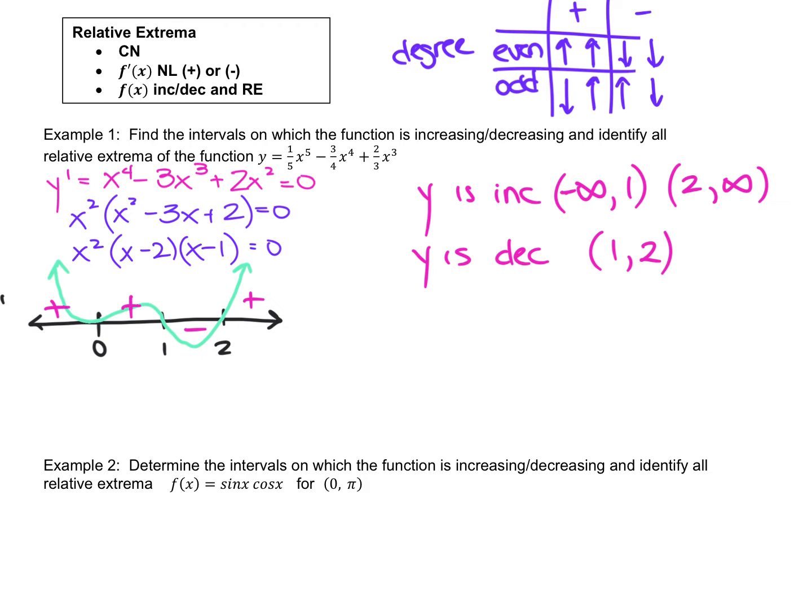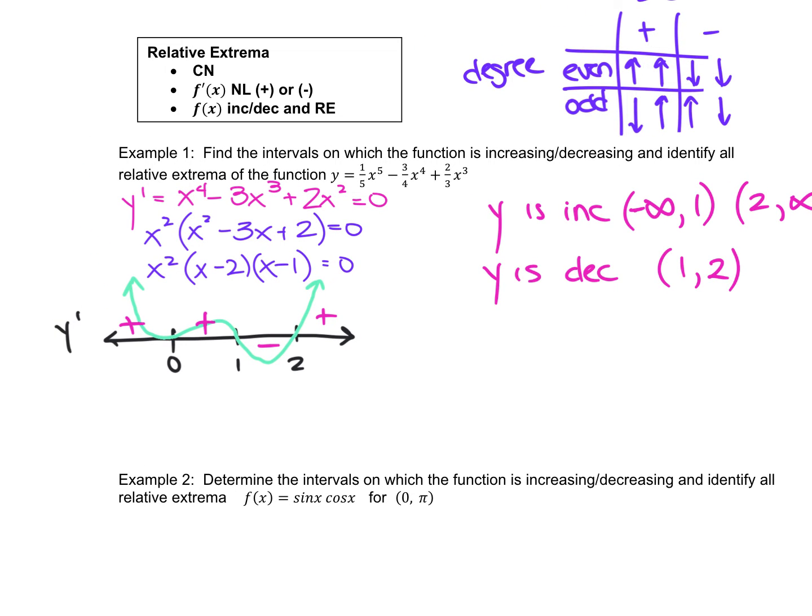1 to 2. Now, before I move on, here's where people get confused. They will look at this and say, but this is not increasing here. This is the derivative. We're not saying where the derivative is increasing. We're saying where the original is increasing. So this graph is not necessarily going to match up with where it's increasing because I'm not talking about this graph.